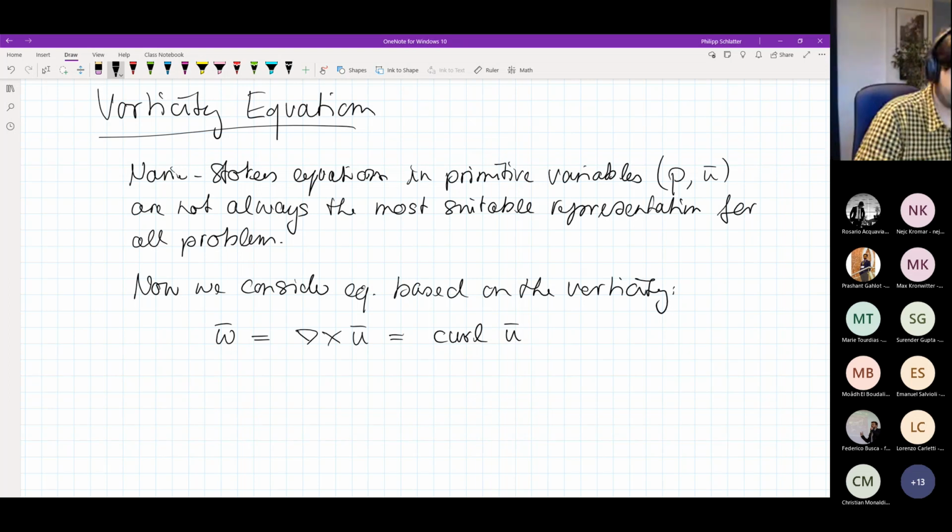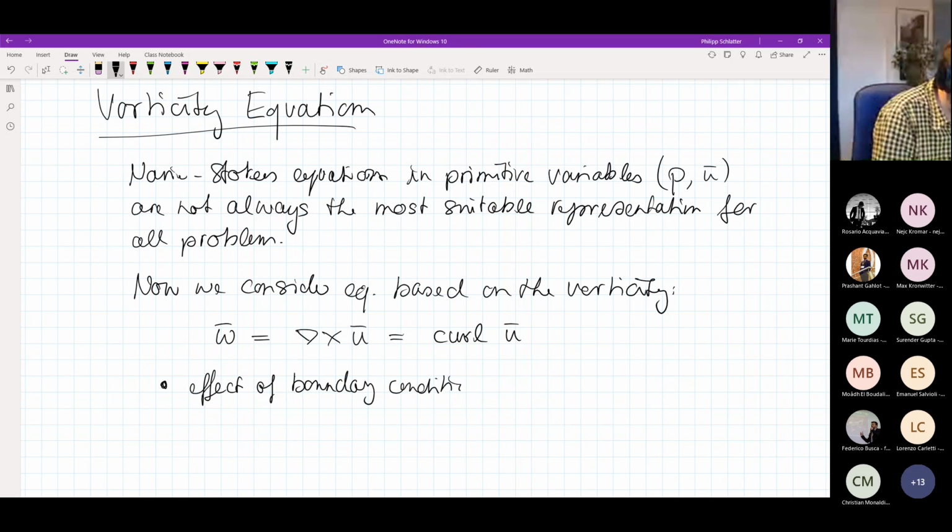Now, why would you do that? Well, there are a few interesting things, most of which we will see later on. One way is to study the effect of boundary conditions, because there will certainly be changes to that. At times, it is better to use the vorticity equations, or at least components of the vorticity equation, to study the stability, the hydrodynamic stability problems.